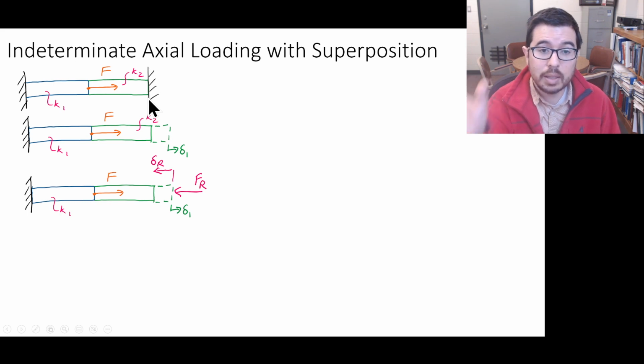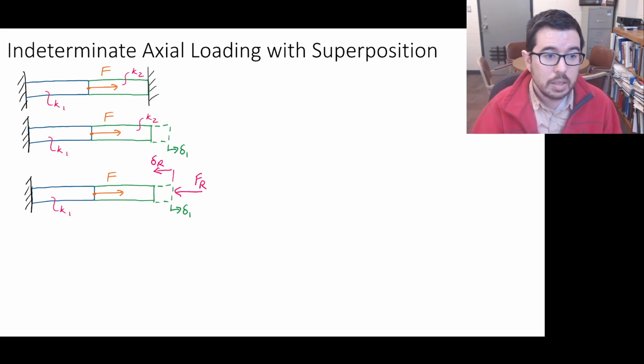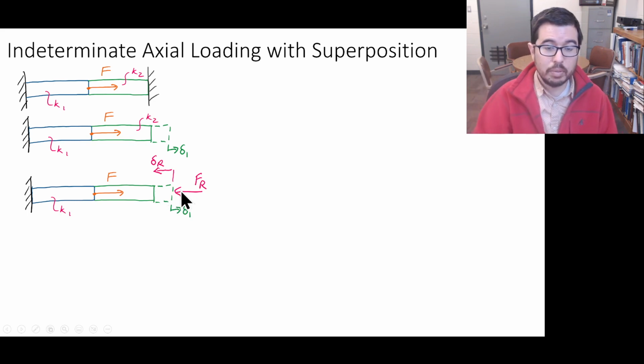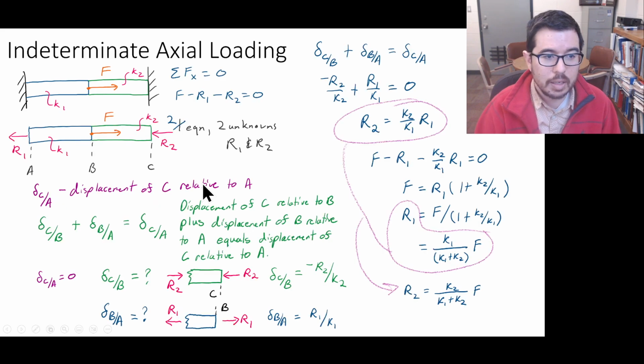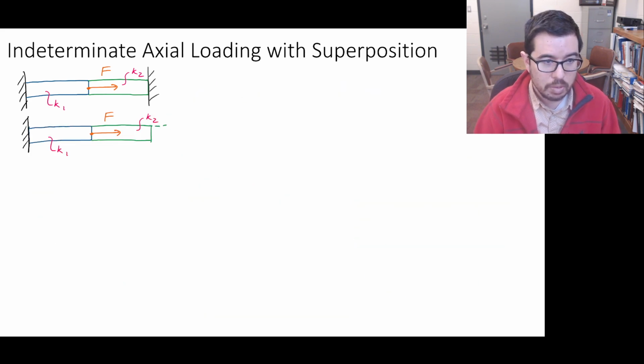That means that the change in position of this right side of the beam has to be 0. And that means that there has to be some wall force, right? The same wall force before that we calculated in the other case needs to be applied to get this to go back to 0. So we'll call this FR, although this FR is, in the end, the same as R2 that you have over here. Let's just call it FR. I'm applying this restoring force.